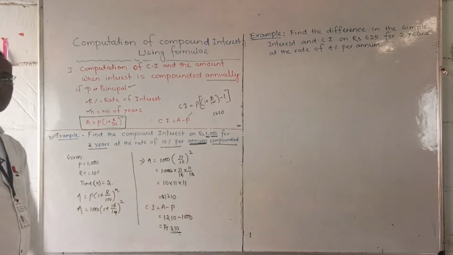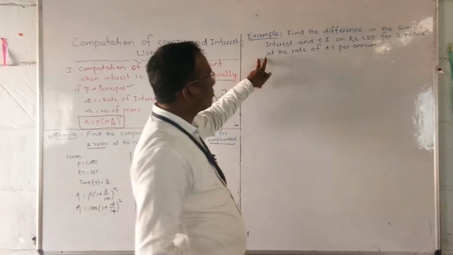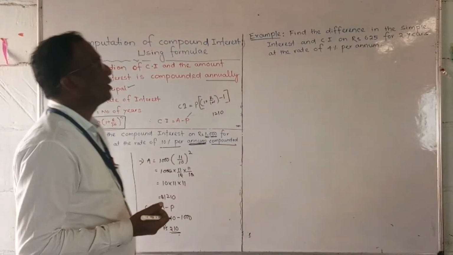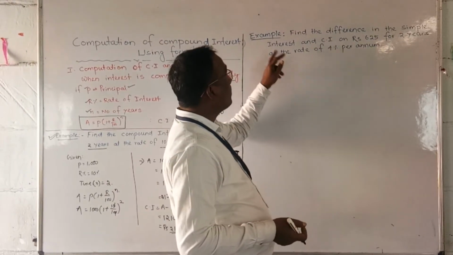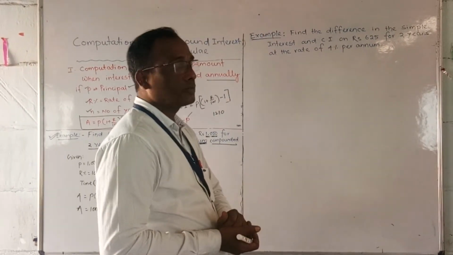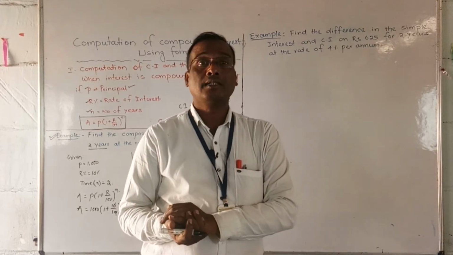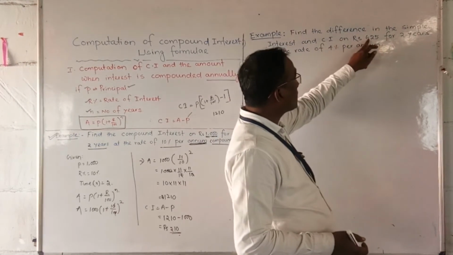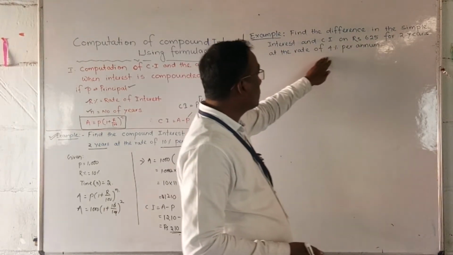Now look at the second example, which I have also given for more clarity and concept purposes. Find the difference between the simple interest and compound interest. We have to find the simple interest and the compound interest, and then find the difference, on 625 rupees for 2 years at the rate of 4% per annum.